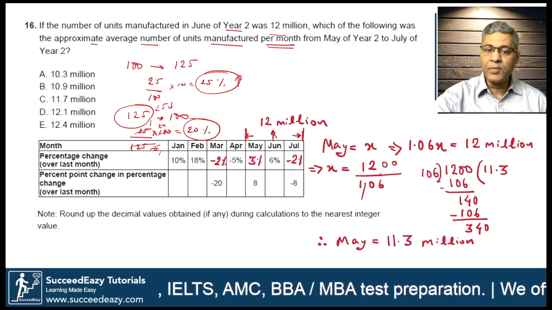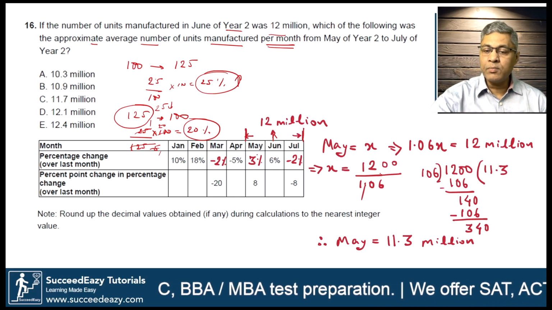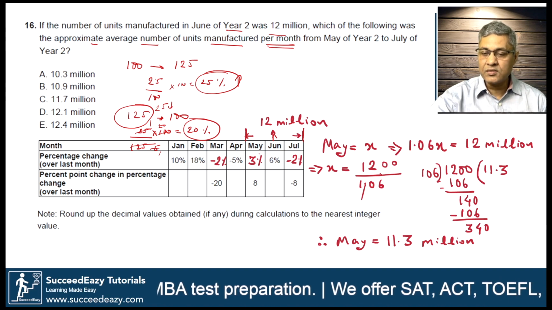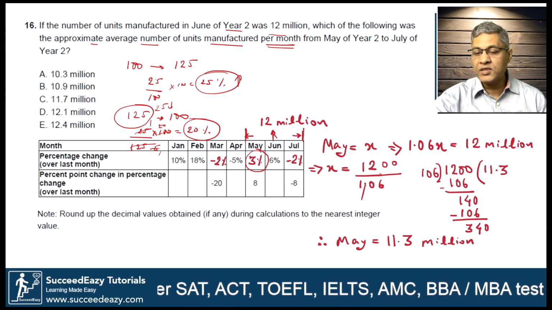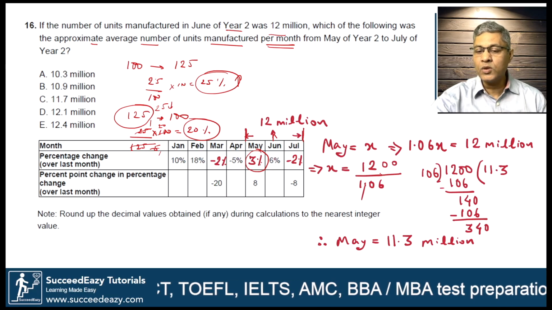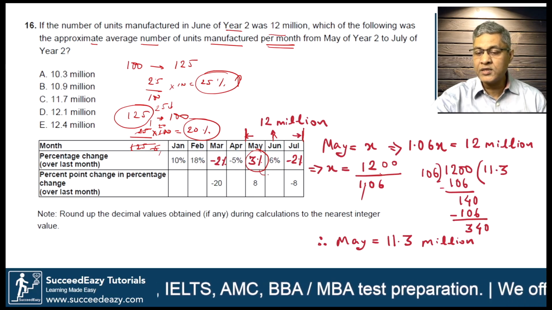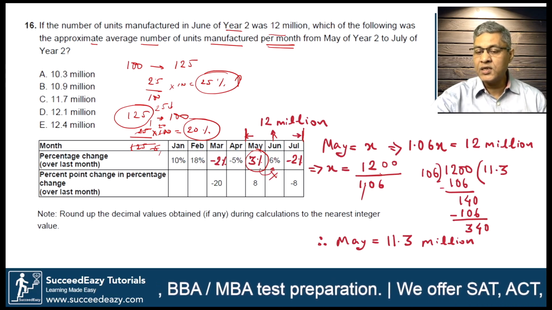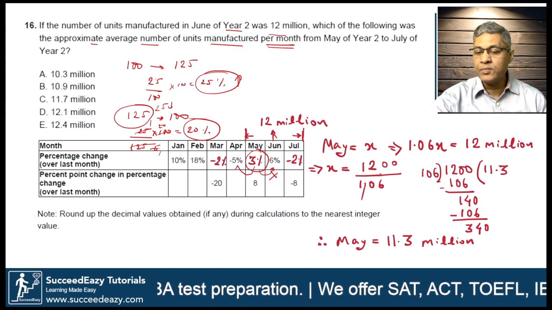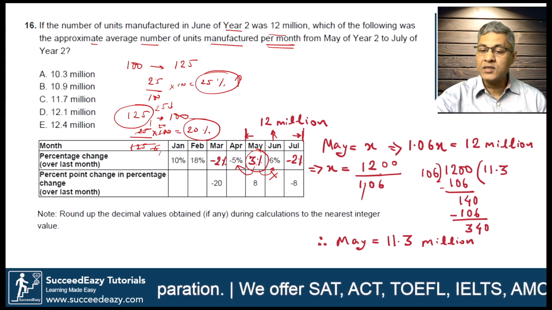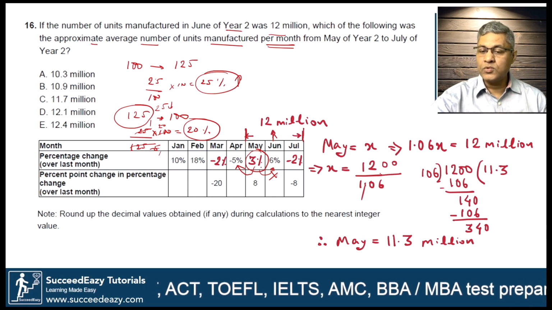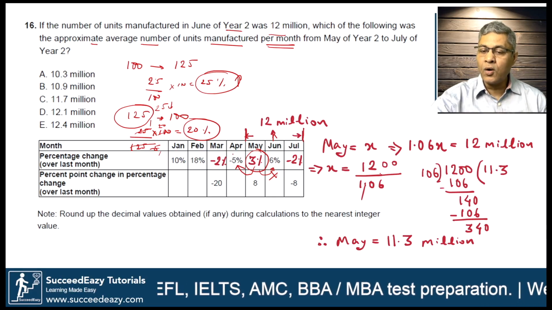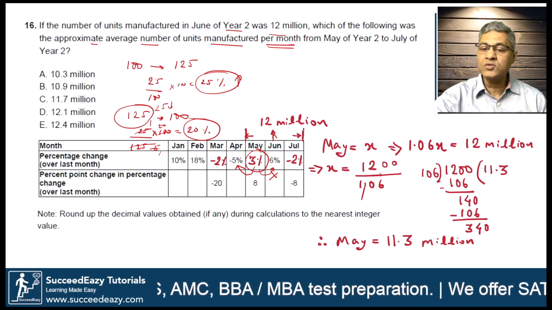Another point is that here May 3% does not mean that there is a linear relationship between this 3% and this 6%. No, this 3% is not based on June. This 3% is rather based on the April figure. So it says that it is 3% more than the April figure. It is an increase over April.